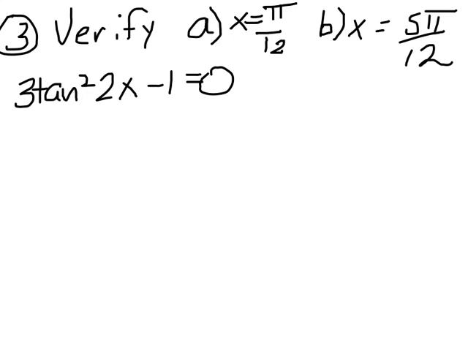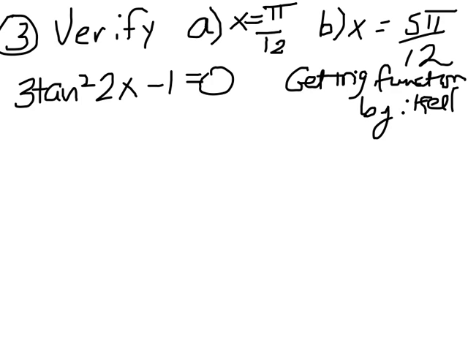Okay, so what you want to do here is get the trig function by itself, right? That's kind of the big idea here. I'll write that on here. Okay, so what's the trig function here that I'm talking about? Well, the tangent is the trig function, right?